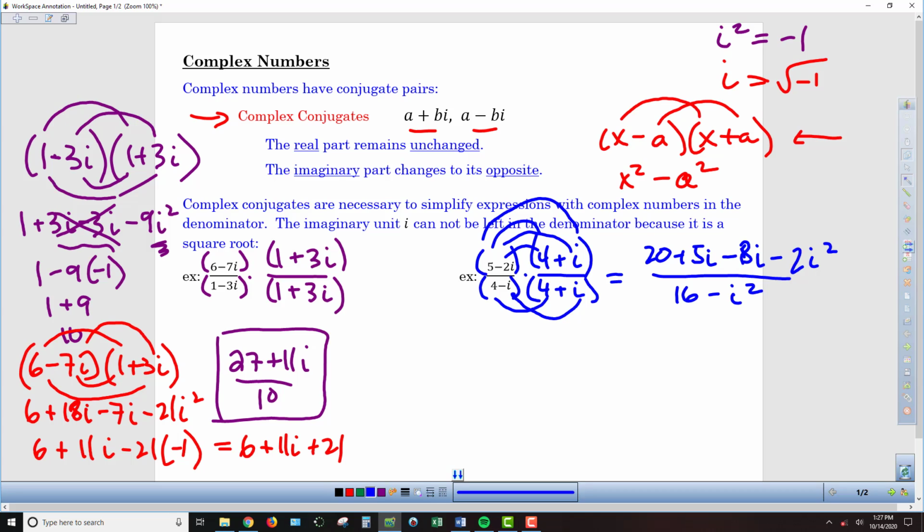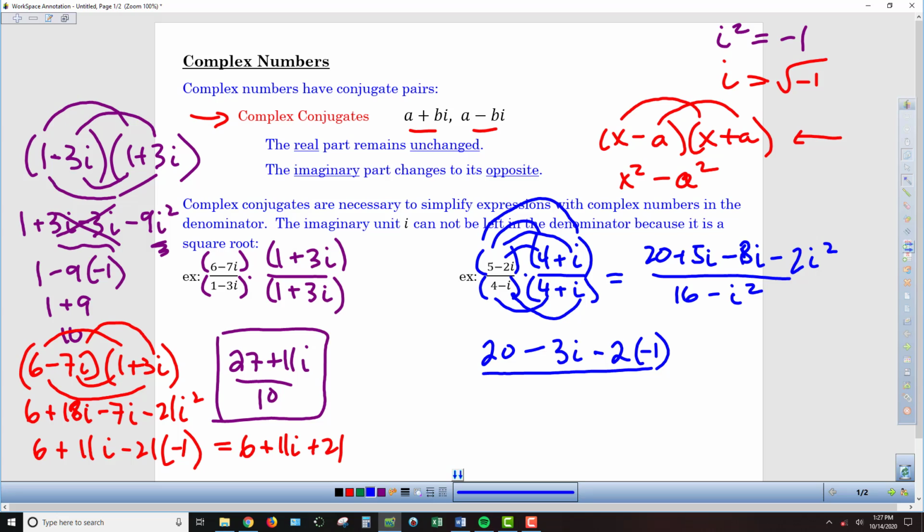So I've got some simplifying to do in both the top and the bottom. So I've got in the top 20, then I've got 5i minus 8i, so that gives me negative 3i. And then I'm going to change that i squared to a negative 1, so I've got minus 2 times negative 1.